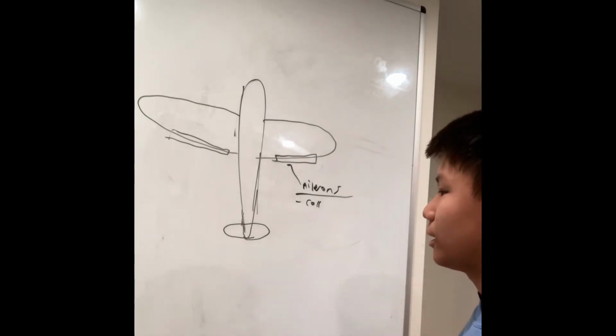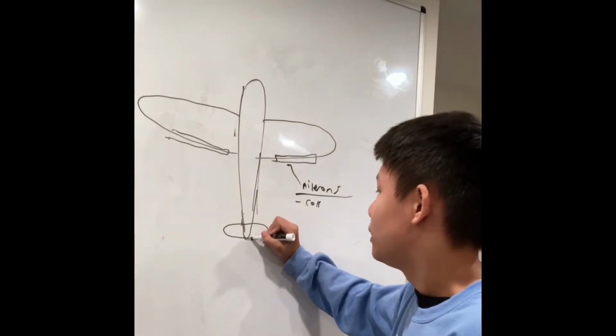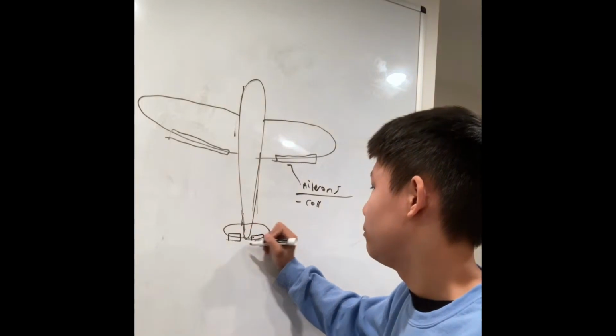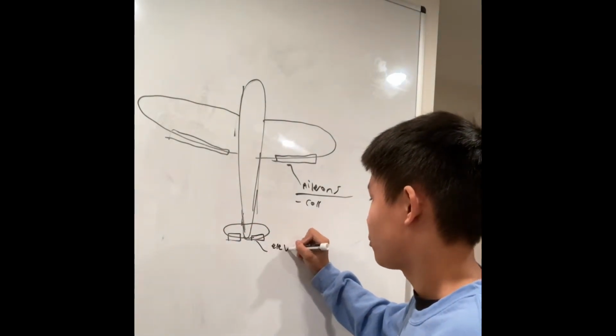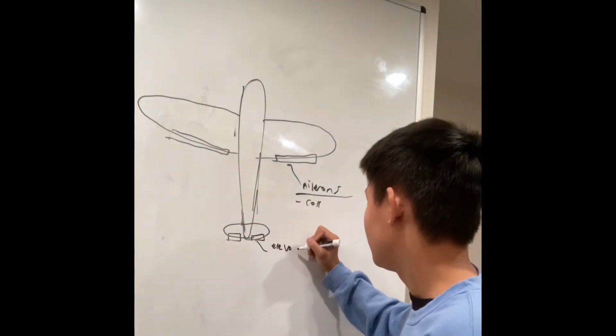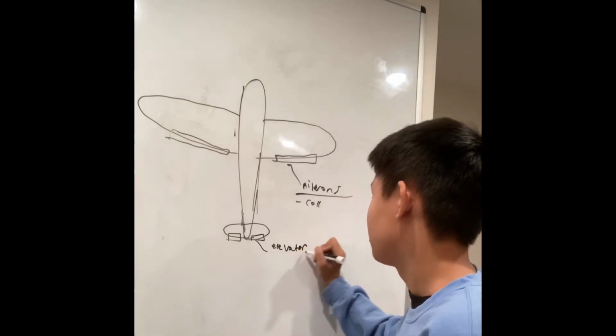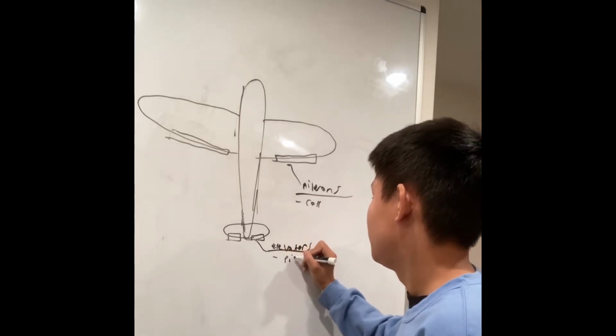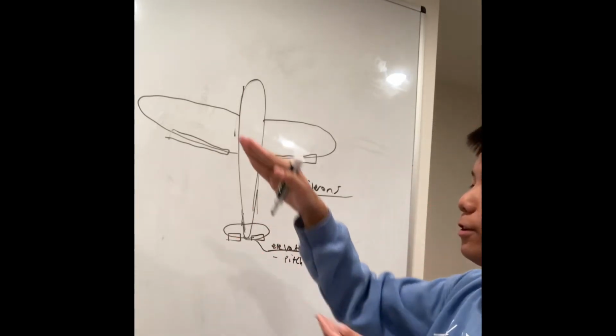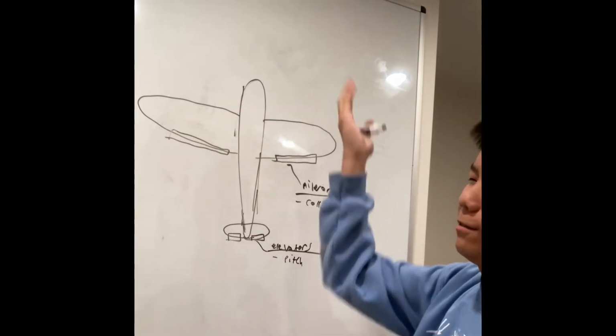I'll show you the Airbus model. And you have your elevators here, which control your pitch. And that's basically the angle with which you can help take off, I guess.